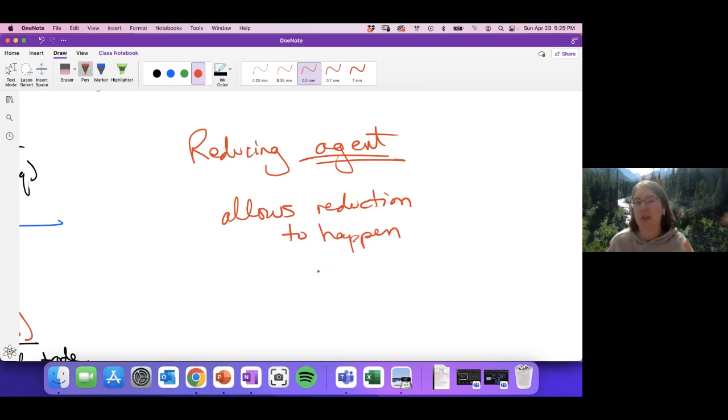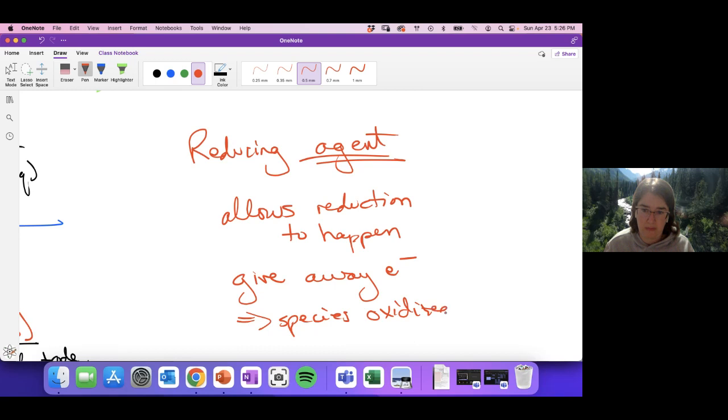If something's going to allow reduction to happen, it needs to give away electrons. That therefore means it's the species oxidized. So this language is terrible. You do need to practice it.